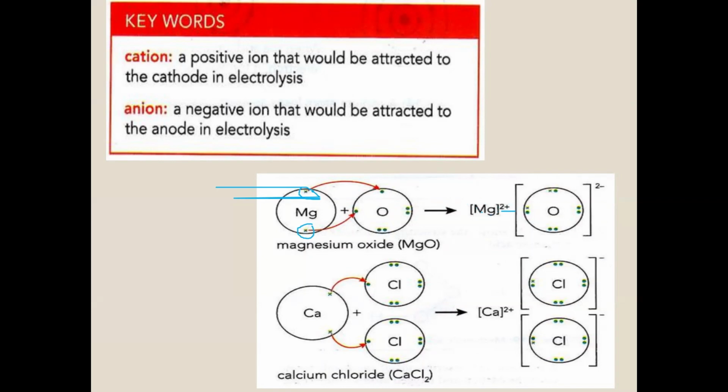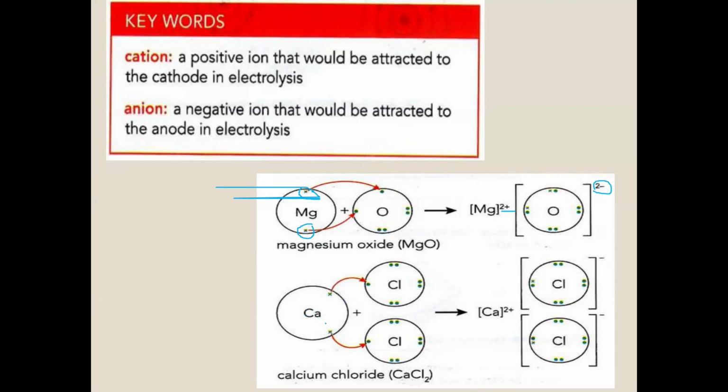So it will be positive 2. While oxygen has 6 electrons at the outermost shell, so it will need 2 extra electrons to reach the octet electron configuration. It will gain these 2, so the total negative charge will be more than the total positive charge by 2. So it will be negative 2.